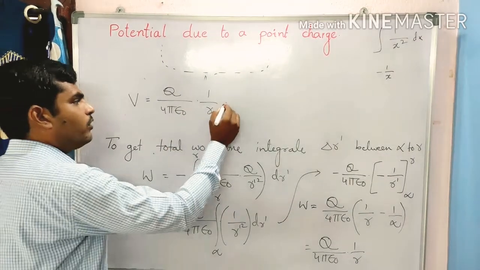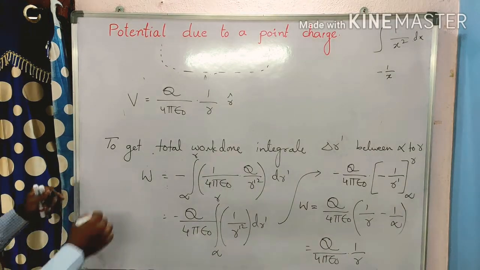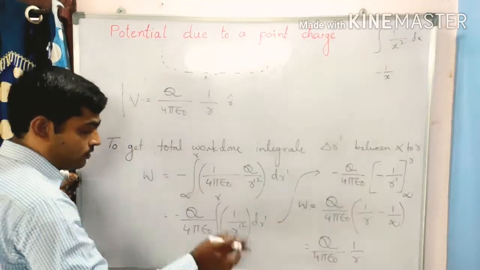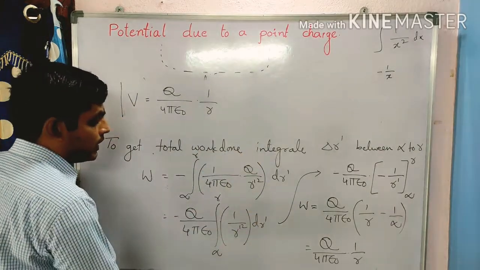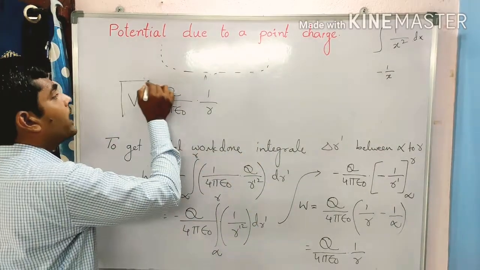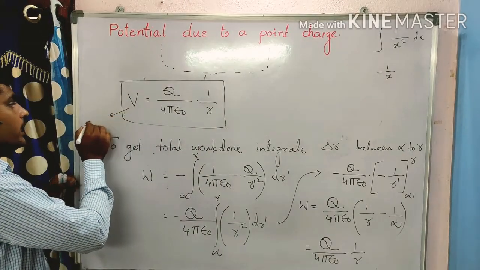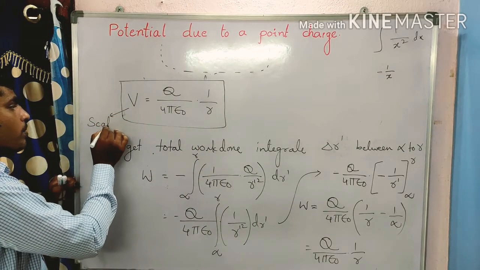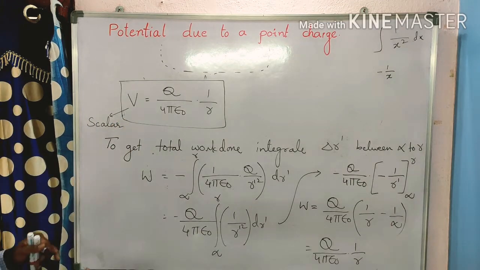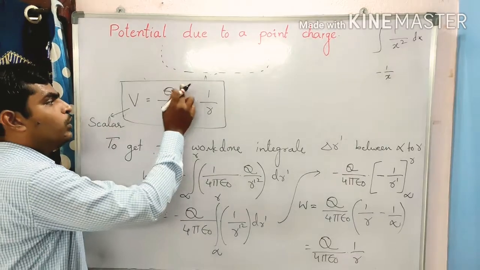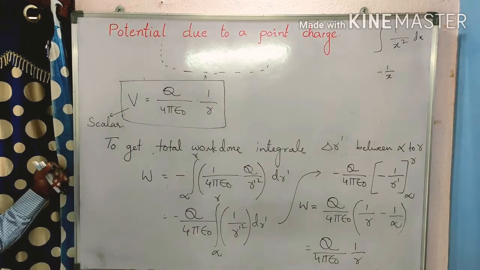Vectorially you could write r cap, but here we will not write r cap, because electric potential is a scalar quantity. So V is equal to Q by 4 pi epsilon naught into 1 by r.